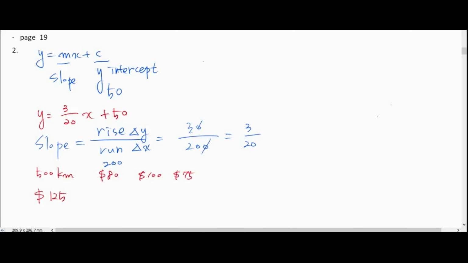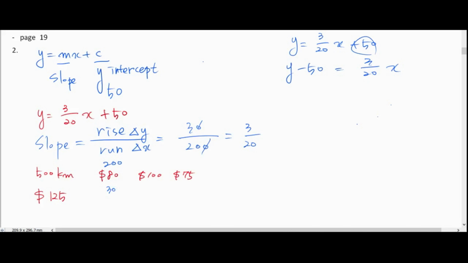For B, it asks how far we can go if I pay $80, $100, and $75. But to do this, I think it'll be easier to just change the equation. So y equals 3 over 20x plus 50, and then the 50 will go over. Then y minus 50 equals 3 over 20x. Right here, because y is the cost, we'll put each of those costs in this y.